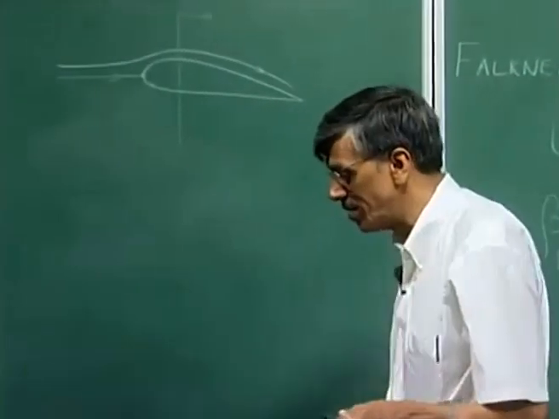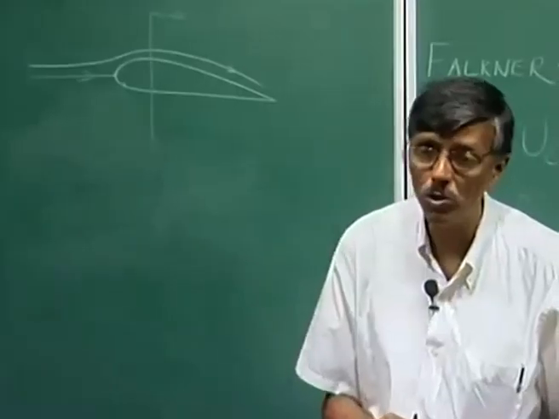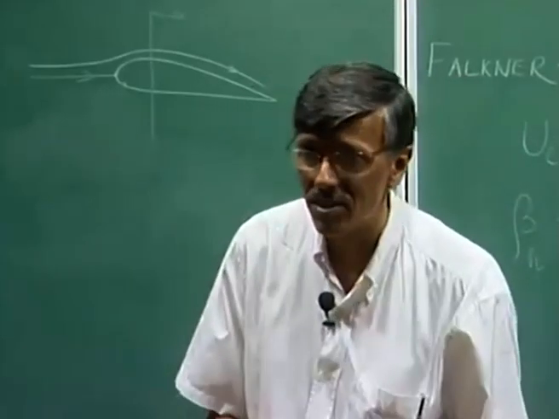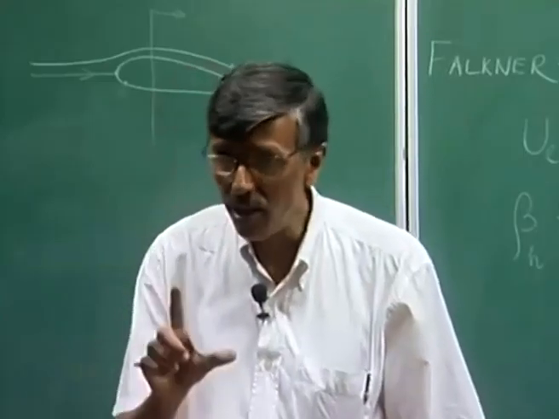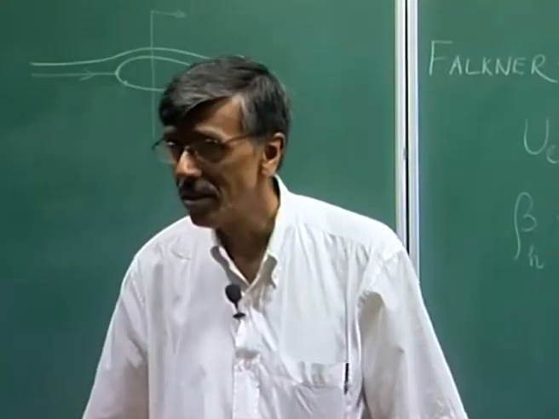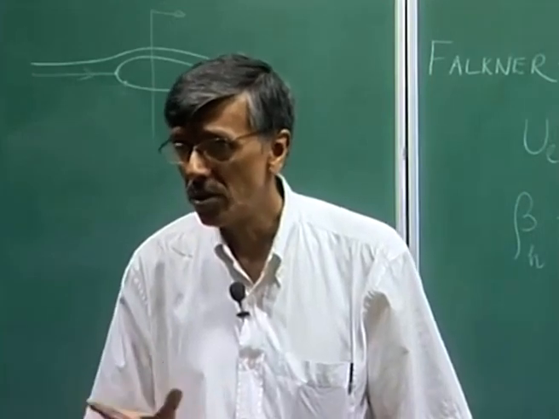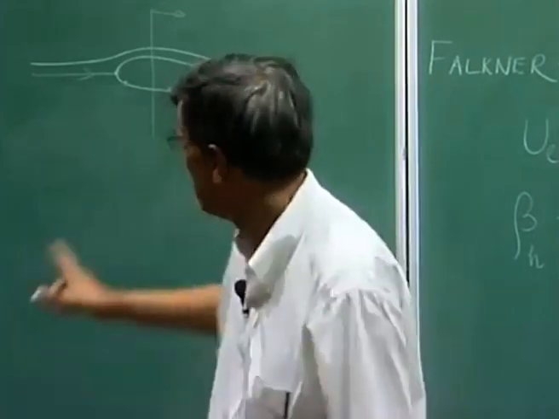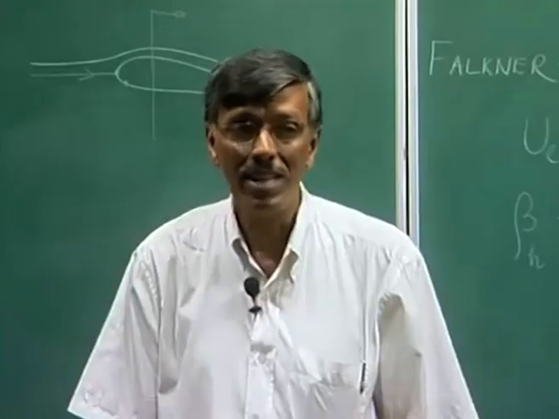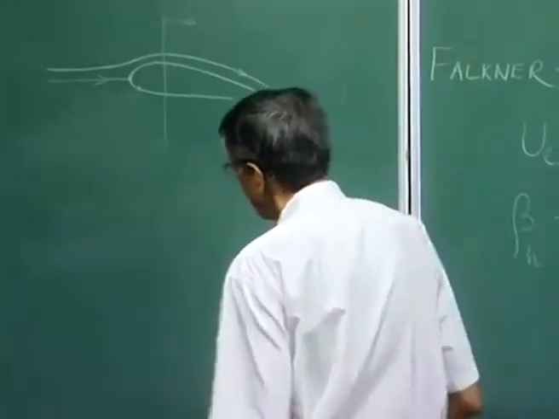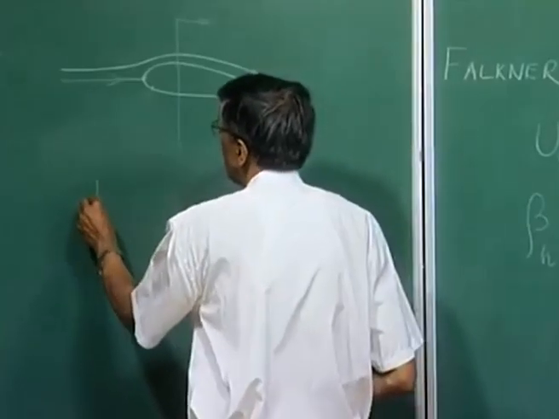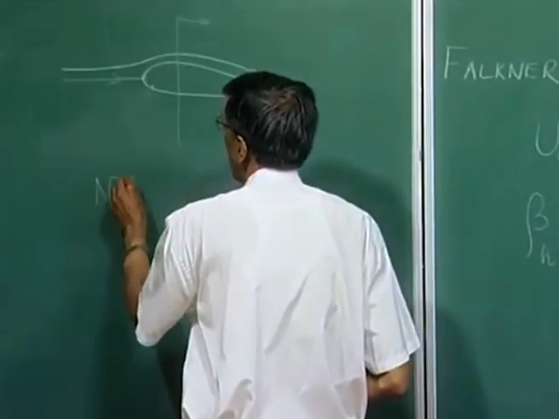What happens is, this was known to experimentalists, that the maximum thickness value and the location determine the sectional property of this kind of aerofoils. This prompted those people at NACA, the National Advisory Committee of Aeronautics.